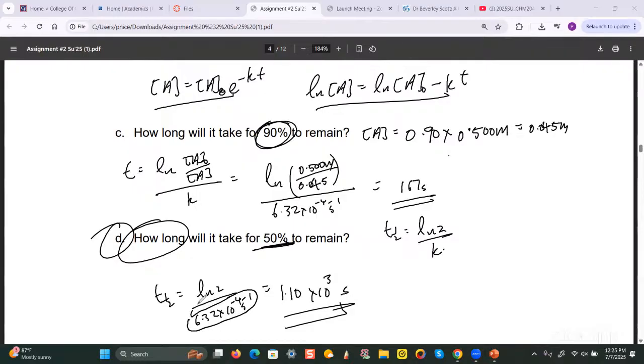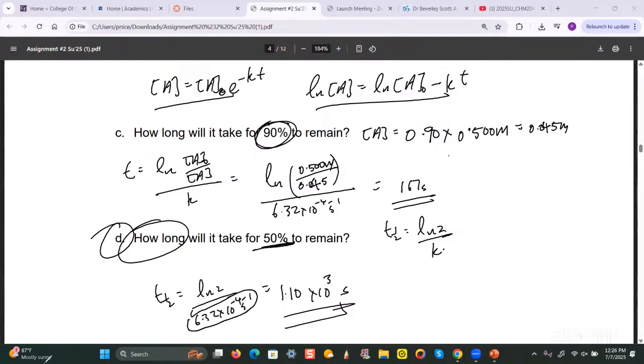You may want to look at the handbook that comes with it in order to do this correctly, because you can mess up your calculations if you don't know how to use it, all right? But that's what I got, 1.10. Hold on, do this again. 2 natural log divided by 6.32 times 10 to the minus 4. Yeah, 1.10 times 10 to the 3, what I got, all right?